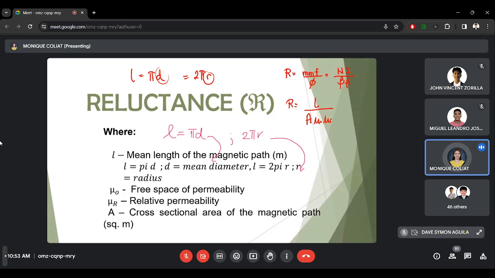So you have to use L equivalent to pi d, or length equivalent to 2 pi r. Again, if the given is in terms of diameter or radius, to get the length, you will use pi d or 2 pi r.